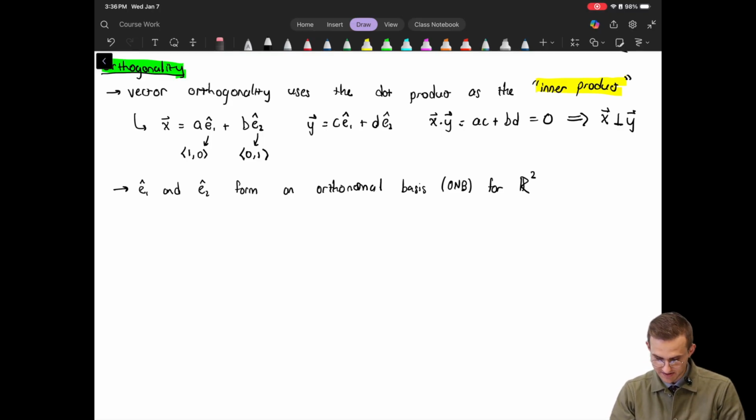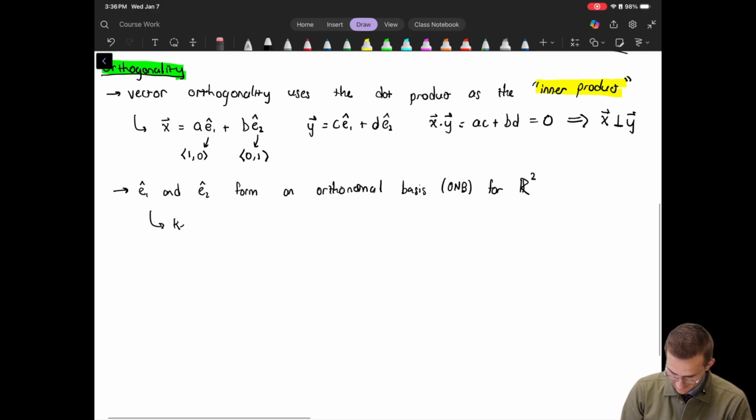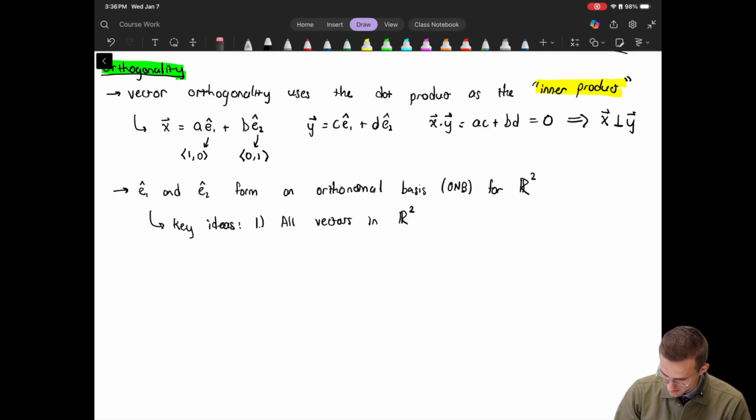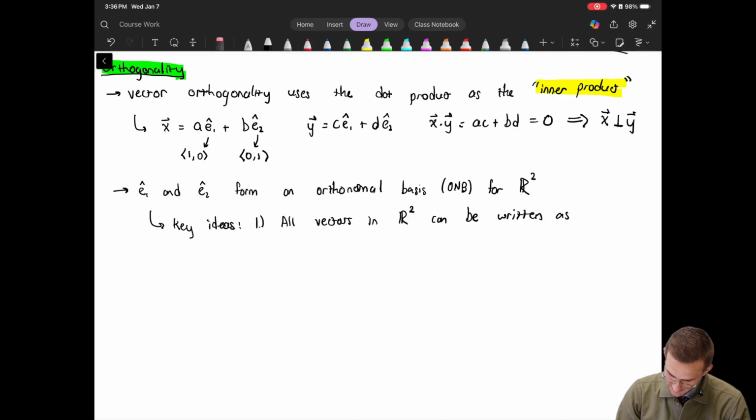Okay, so there are a couple of key ideas here. One, all vectors in R2 can be written as a linear combination of e1 and e2. I'm hoping this is review, since linear algebra is a prerequisite for this course.